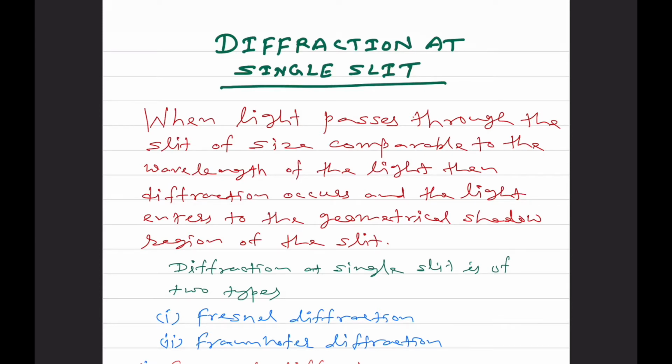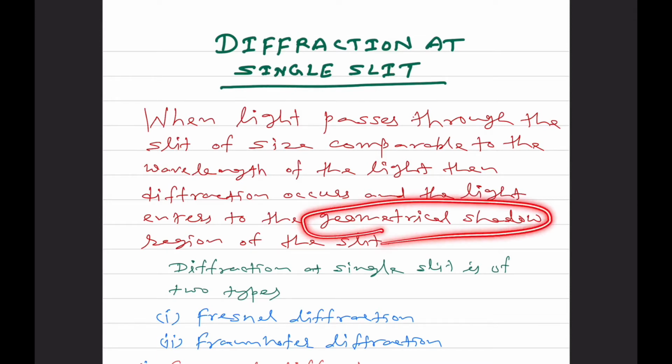When light passes through a slit of size comparable to the wavelength of the light, diffraction occurs and the light enters into the geometrical shadow region. This is very important. After diffraction, the light enters into the geometrical shadow region.